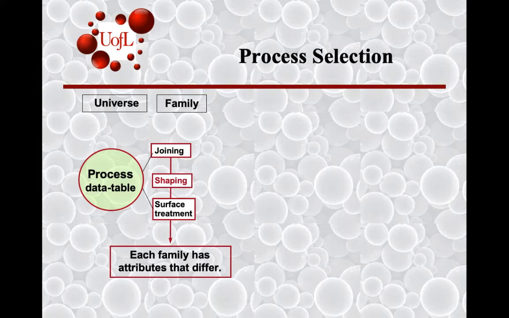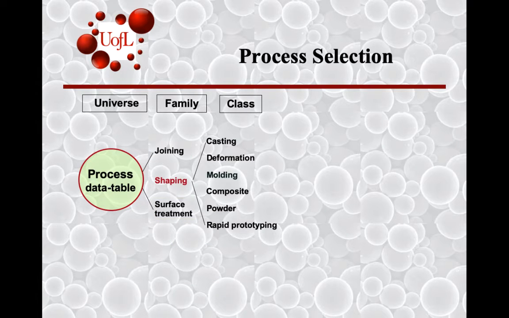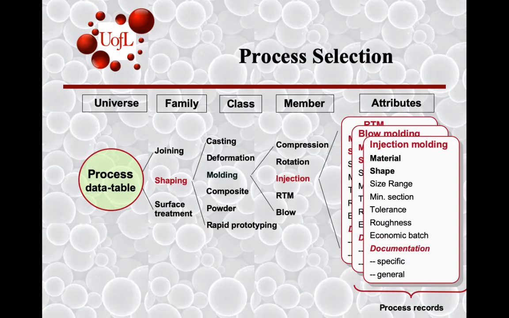Each of these general categories has multiple options. For shaping, for instance, you would have half a dozen examples of how material is shaped, and within molding, for instance, another 5 different options shown here as an example. There are more categories related to that.